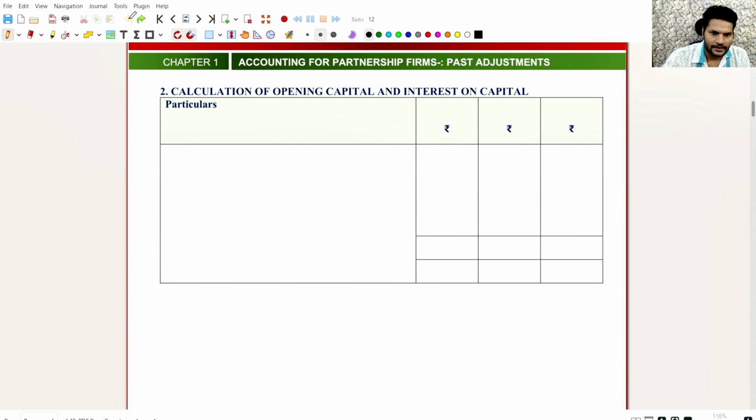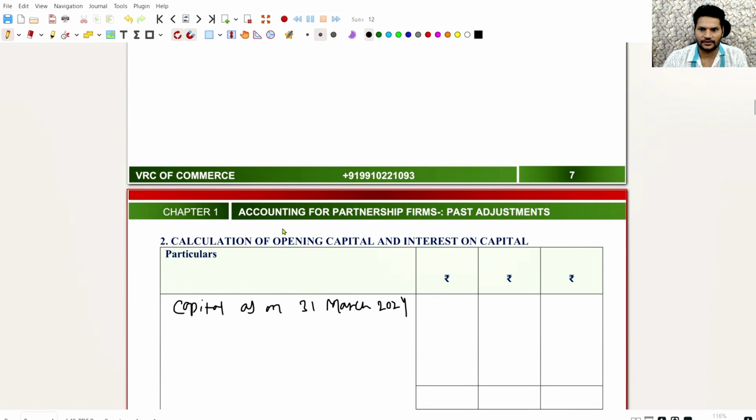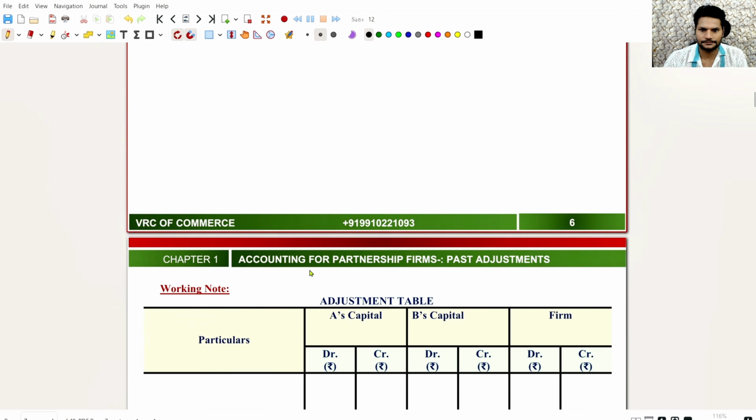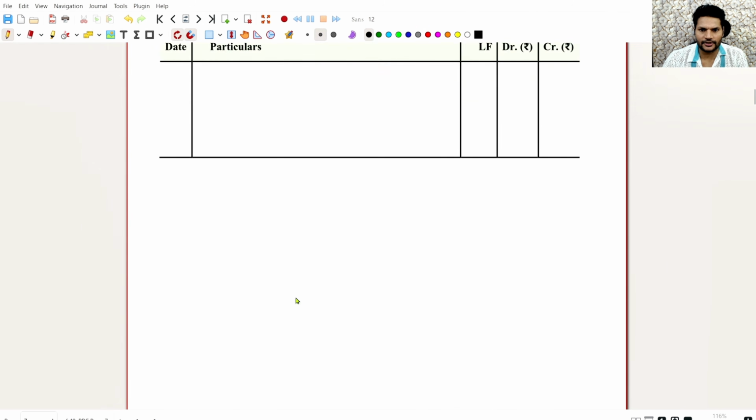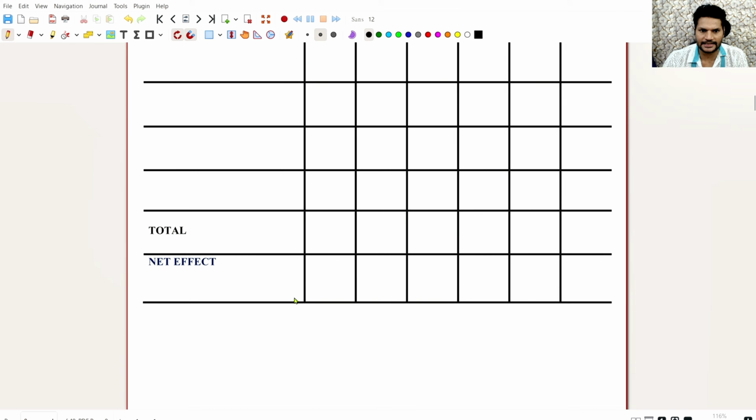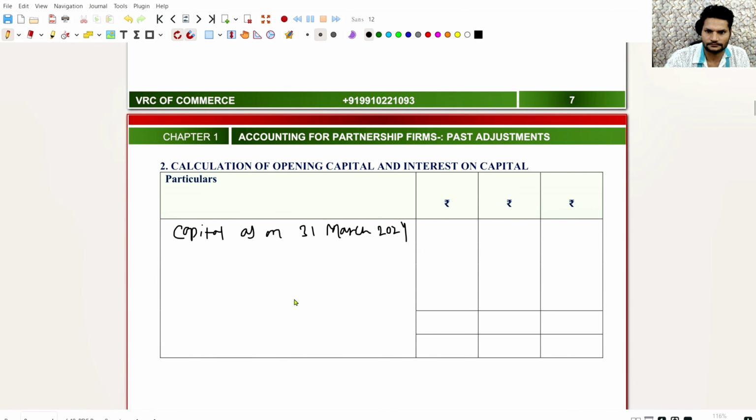So capital as on 31st March 2024. Let's check what is the capital given. That is 6 lakh and 2 lakh. So let's put 6 lakh and 2 lakh for A and B. You need to ignore the third column.